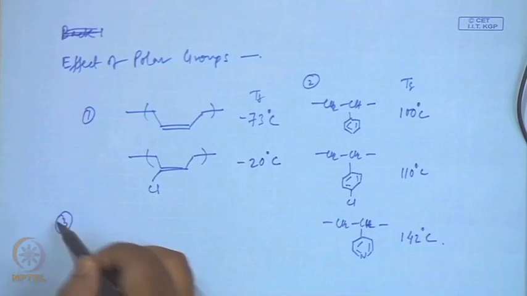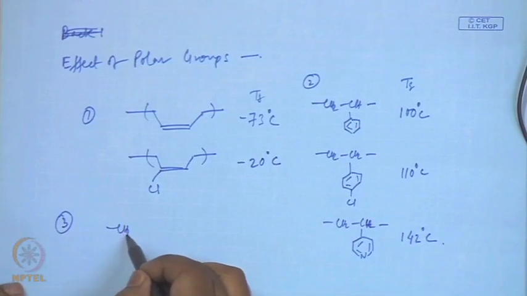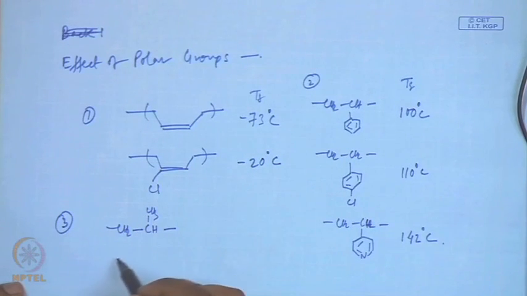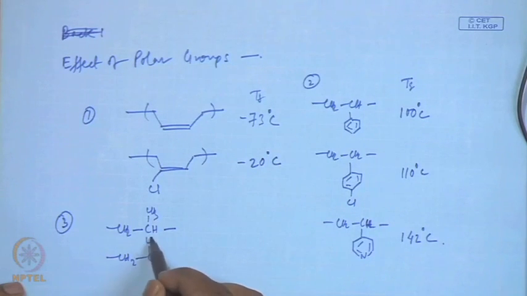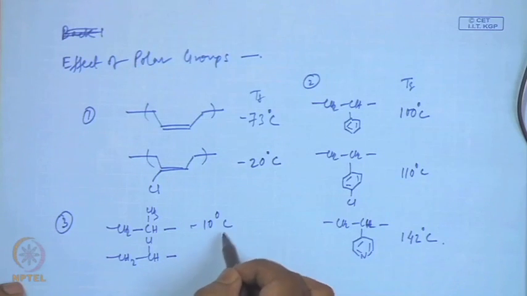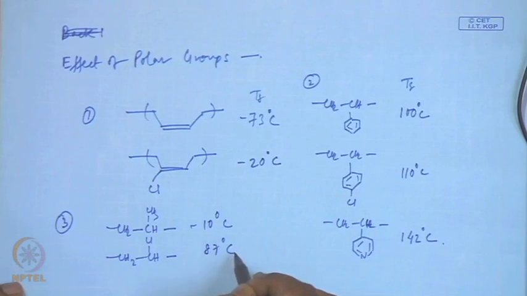Let's compare another set, polypropylene and polyvinyl chloride. This is around 10 degree, this is around 87 degree.